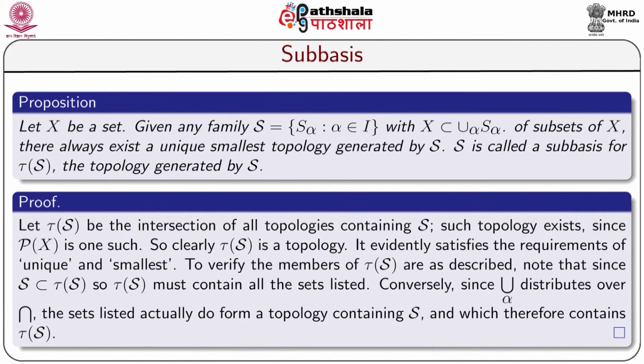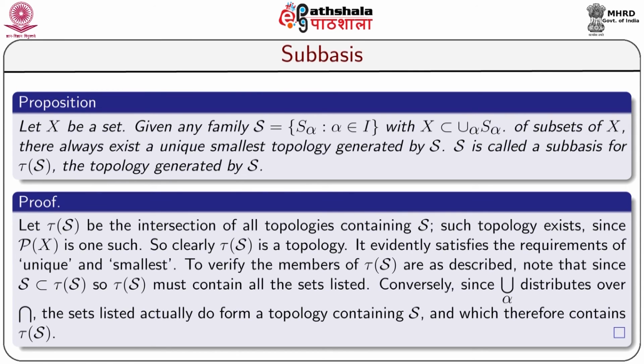Next, we will define subbasis. A subbasis is a collection of subsets of X such that for each x belonging to X, there exists some element S belonging to that subbasis which contains that point x.